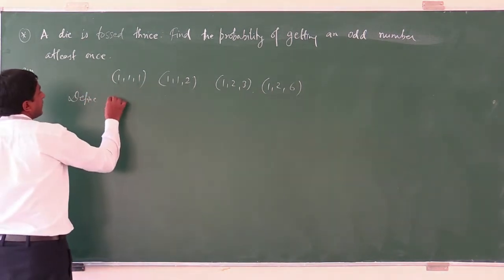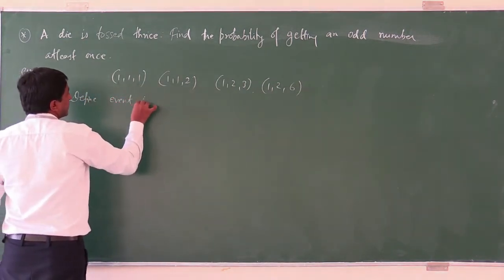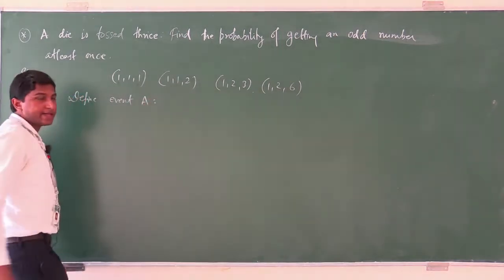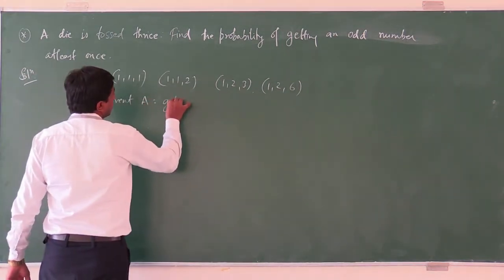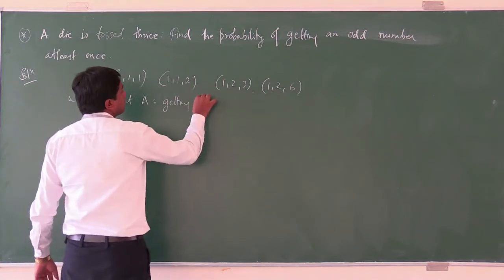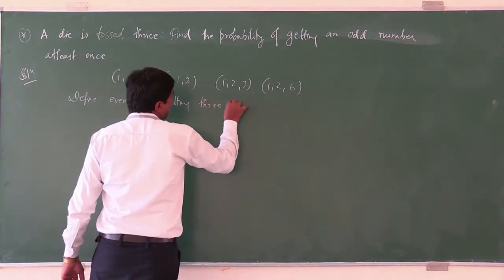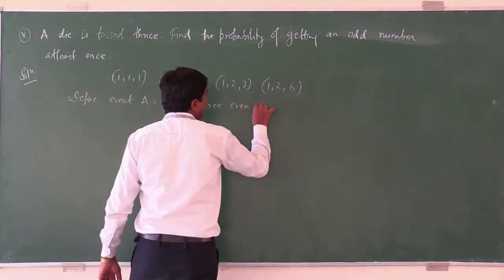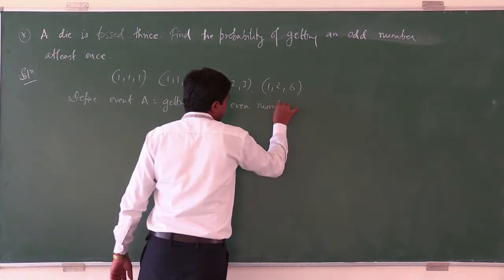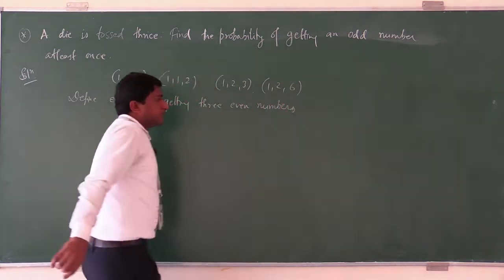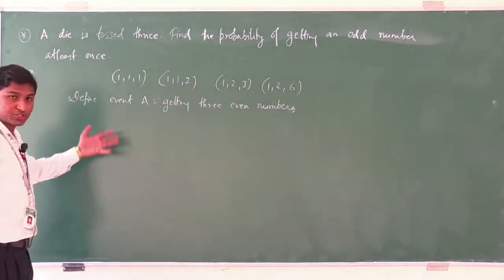I will define event capital A as getting 3 even numbers. So this is how we start the solution.